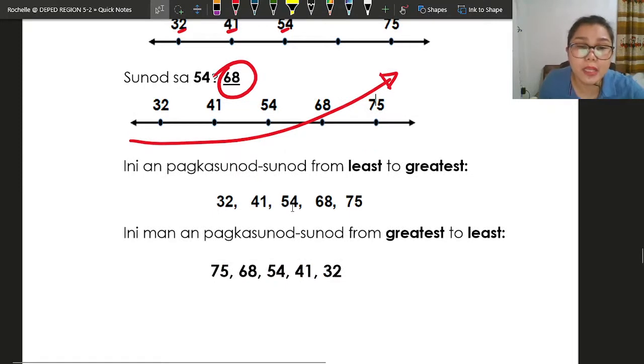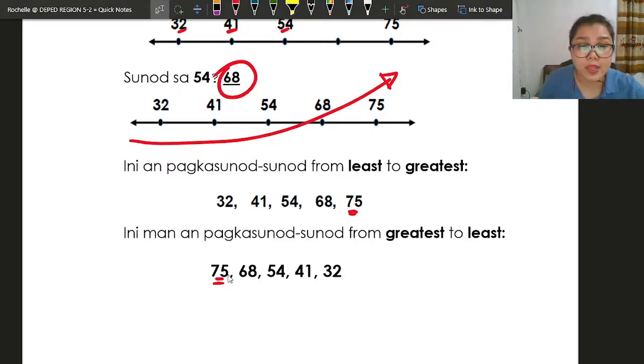So, paano naman if it's the other way around? Pabalik naman. So, from greatest to least. So, what happens? From greatest to least, what happens? The order should be the other way around. Yung pinakahuli dito, it should begin the order from greatest to least. Kasi magsisimula nga sa pinakamataas.